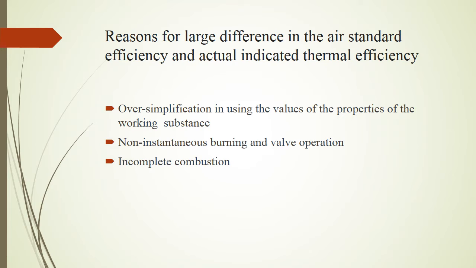Though there were many factors that led to the difference in the value of efficiency for the air standard cycle, let us classify the main important factors that led to the large divergence.